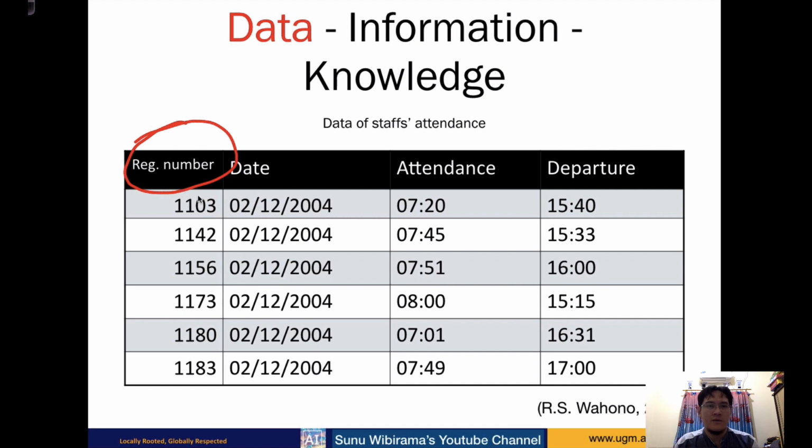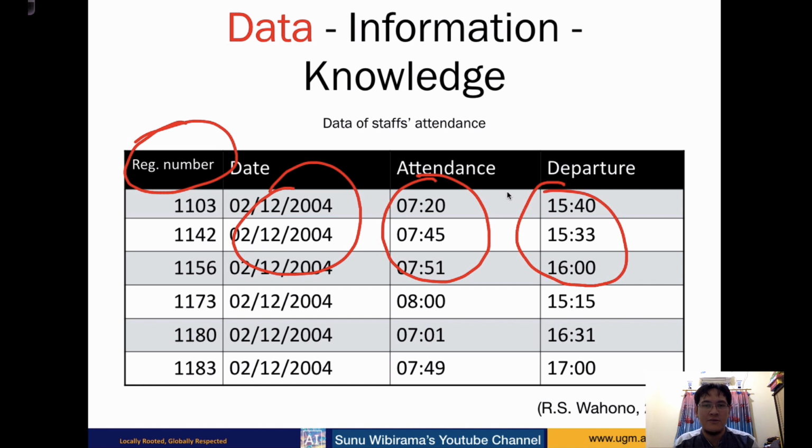For example, 1103 is your first staff, 1142 second staff, 1156, etc. And then this is the date of entering the office, and this is the attendance time, and this is departures or leaving the office.